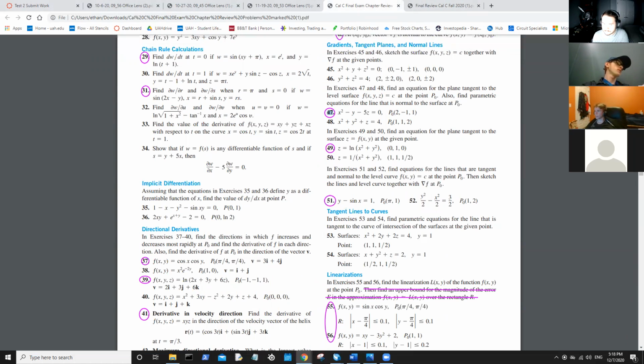The answer is 4x minus y minus 5z equals 4. Oh, I got it, I think maybe. Tangent plane to the surface. You said it's 4x minus y minus 5z equals 4. The only thing that changed there is the x.